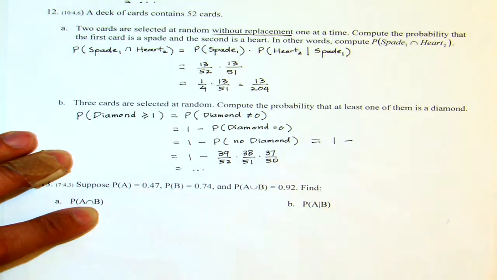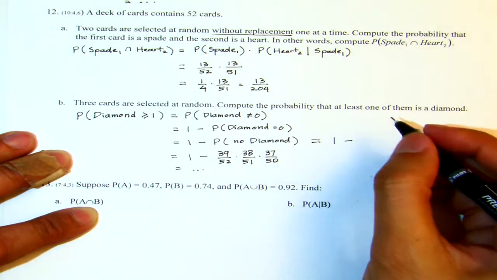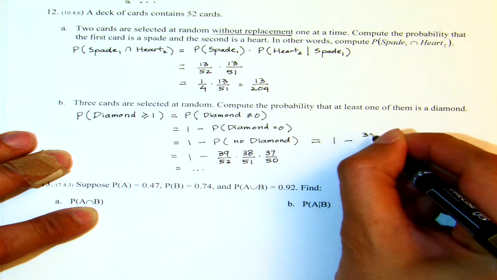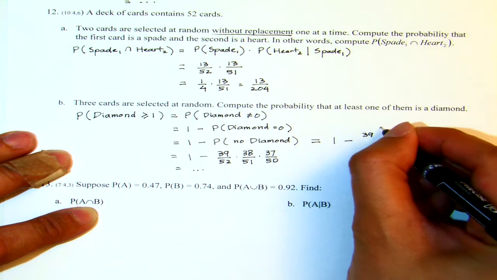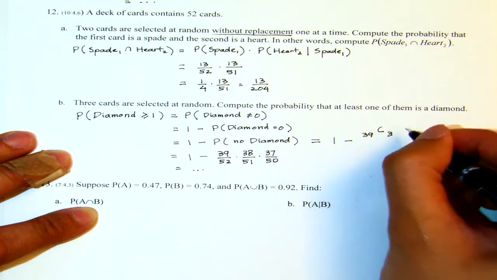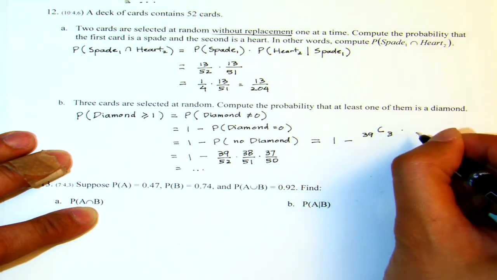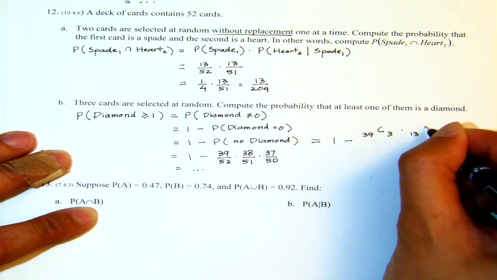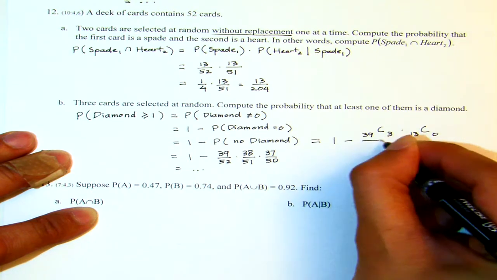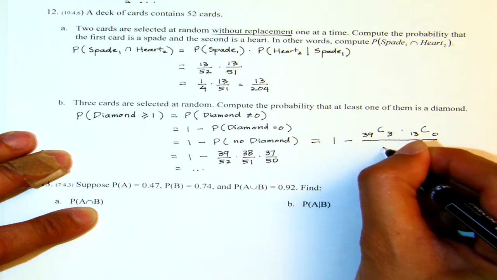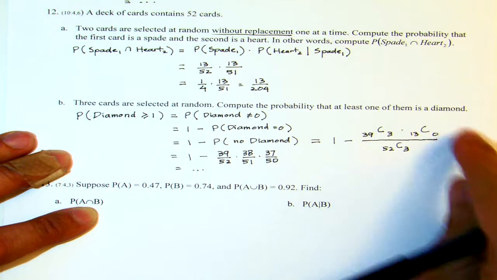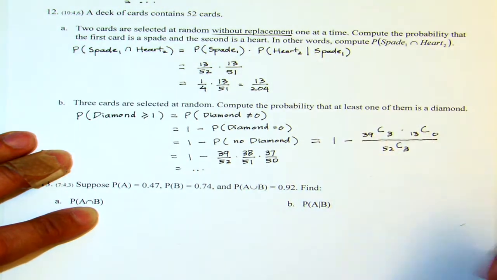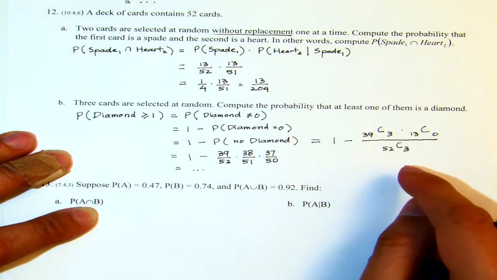This is equal to the probability that there is no diamond, meaning out of 39 non-diamond cards, you choose 3 of them, times out of 13 diamond cards you choose nothing, over, out of 52 cards you choose 3. Now you can do it this way if you already have learned combinations.